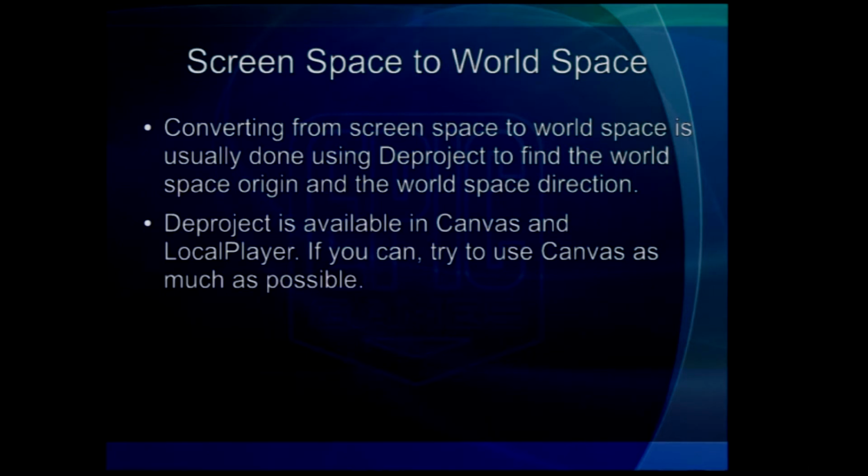And the local player represents the player. So you can pretty much use this function anywhere. You can say I have a point on the screen, I want to convert this to world space, and you can do that at any time. But for those who have used Unreal, try to use the canvas method as much as possible because it's much faster.